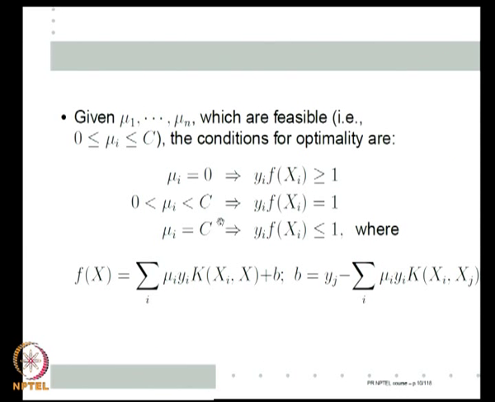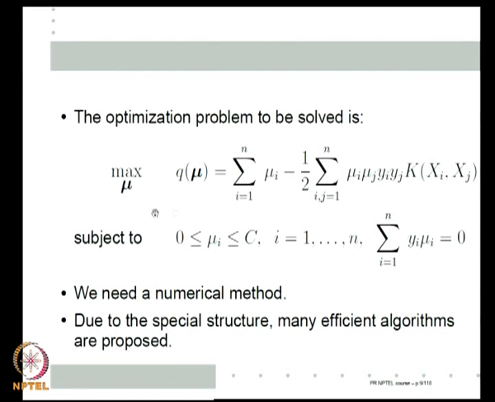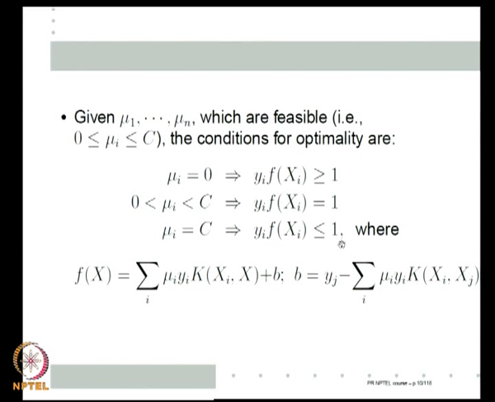To actually look at the structure, let us look at the conditions for optimality of this problem. We are asking, given some mu_1, mu_2, ..., mu_n, how can I say whether or not they are optimal. So, it simply means whether or not they satisfy the Kuhn-Tucker conditions. By writing the Kuhn-Tucker conditions and doing some algebra, we can show that these are the optimality constraints.